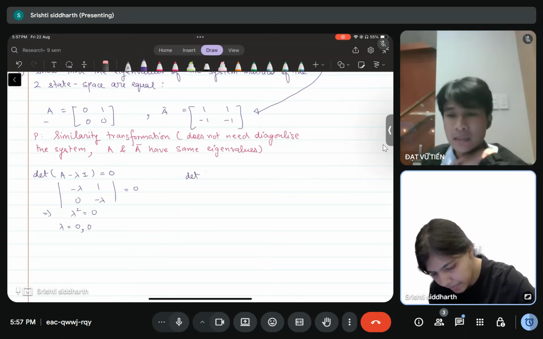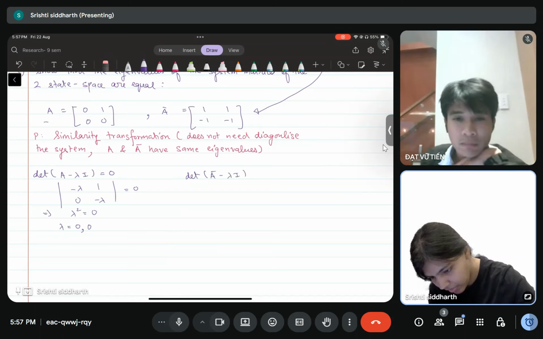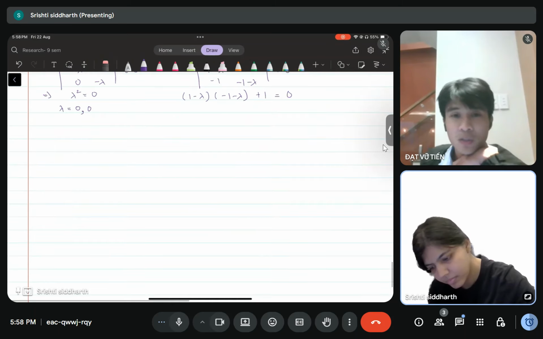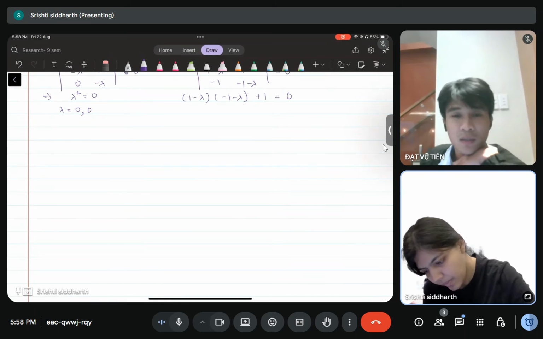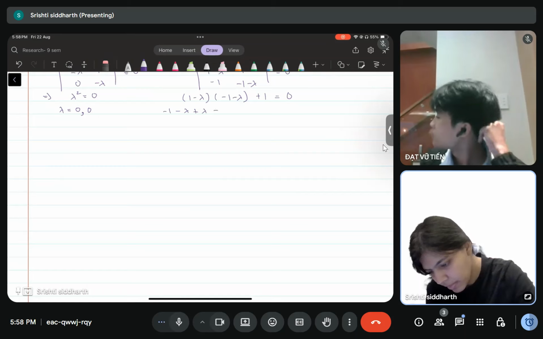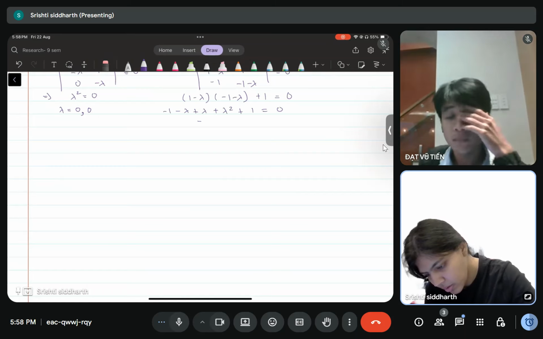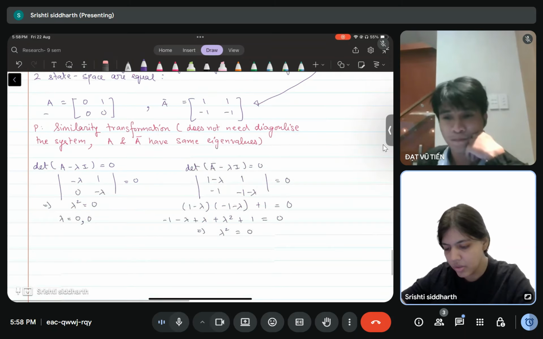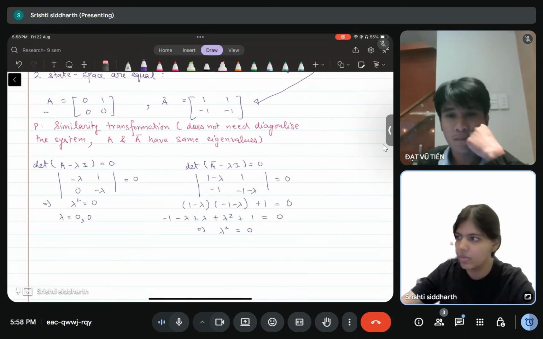And for this case, we have 1 minus lambda, minus 1 minus lambda, plus lambda square plus 1 equals 0. Again, it is lambda square equals 0. So a similarity transformation always preserves the eigenvalues of the transformed system.